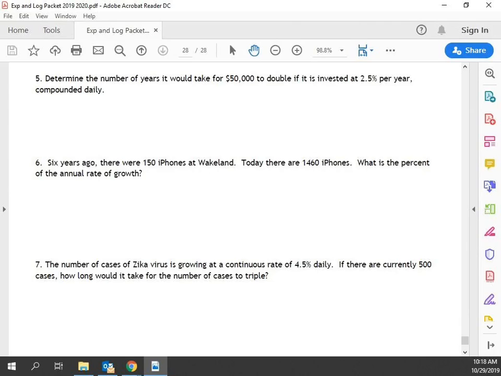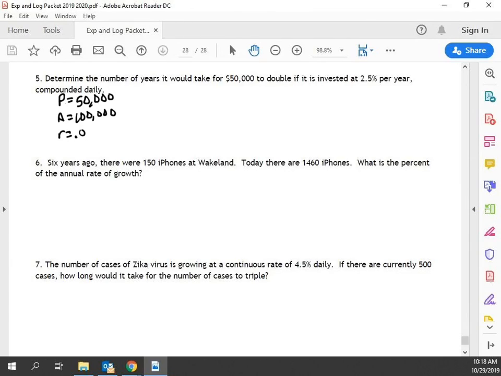So we're looking at our principal, that's the initial investment, which is $50,000. What's our amount going to be if we're talking about doubling it? Then we talk about our rate. Was it 2.5?